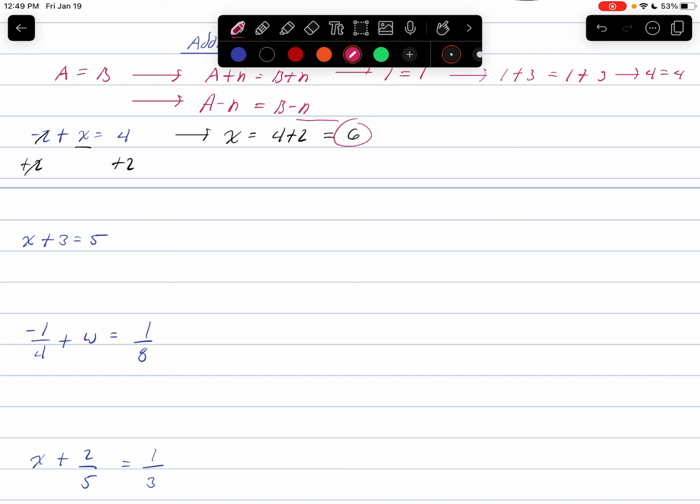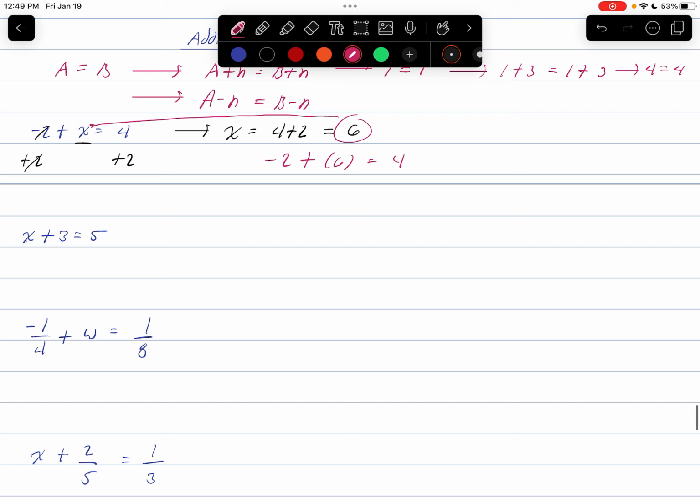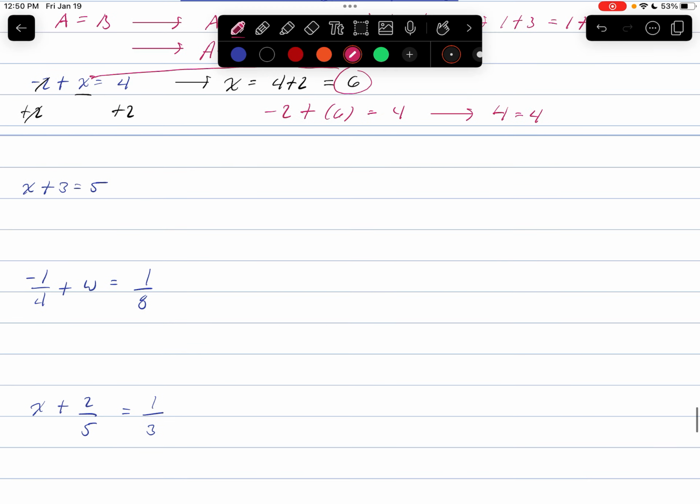You can take this 6 and plug it back into your original x here. So here we would have -2 plus 6 is equal to 4. Or we know that -2 plus 6 is 4, so we have 4 is equal to 4. So that 6 would be your answer here.